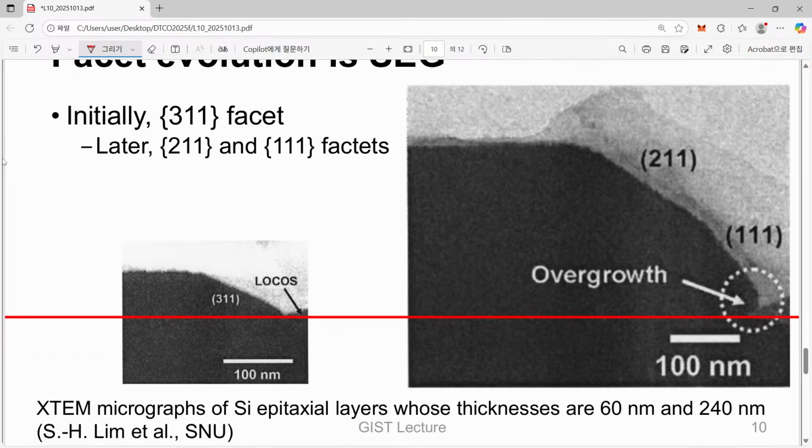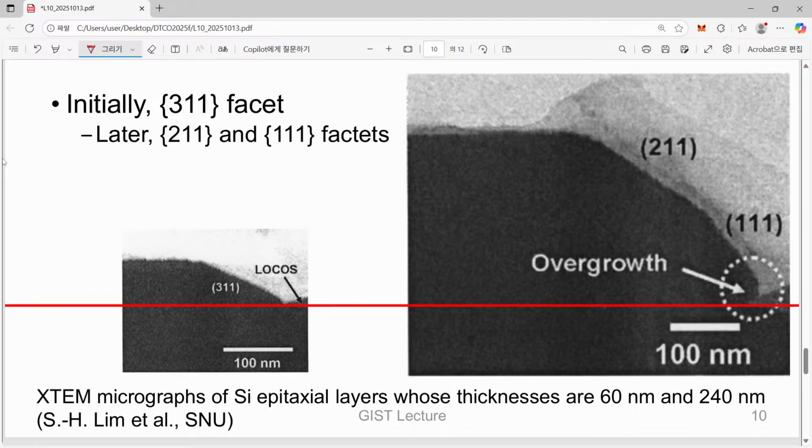Now these two TEM images are taken from the same sample, the same lot, and they just made the growth of a 60 nanometer thick epi layer, and then a 4 times thicker epi layer growth, 60 nanometer or 240 nanometer.